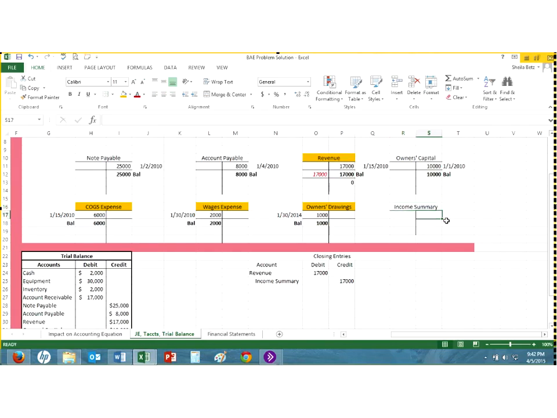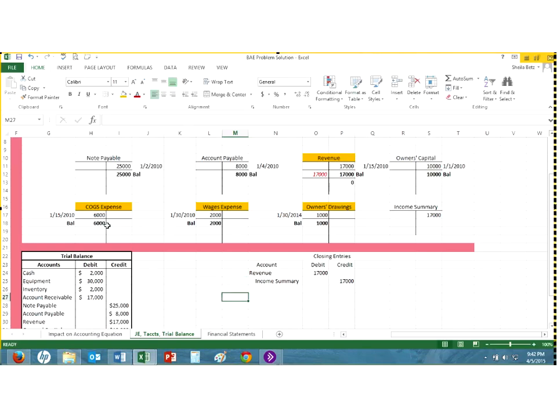So I have officially now put that $17,000 in Income Summary. So I have closed revenue. Let's do the next one.